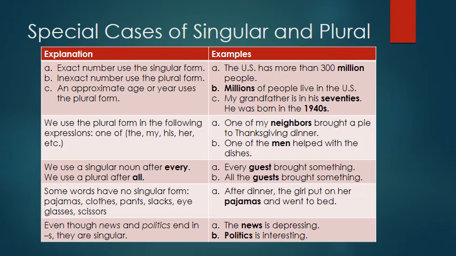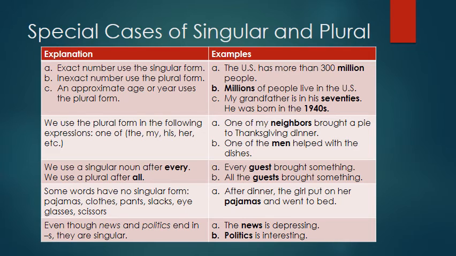It's not general. But when it's inexact, when we don't have that number in front of it, we use the plural form. So here we say the U.S. has 300 million people, right? But the same idea is millions of people live in the U.S. But I don't know exactly how many, so I put the S. When I know exactly, no S. When I don't, I put an S. And then here, when we're talking about approximate age, it means I don't know exactly the age.